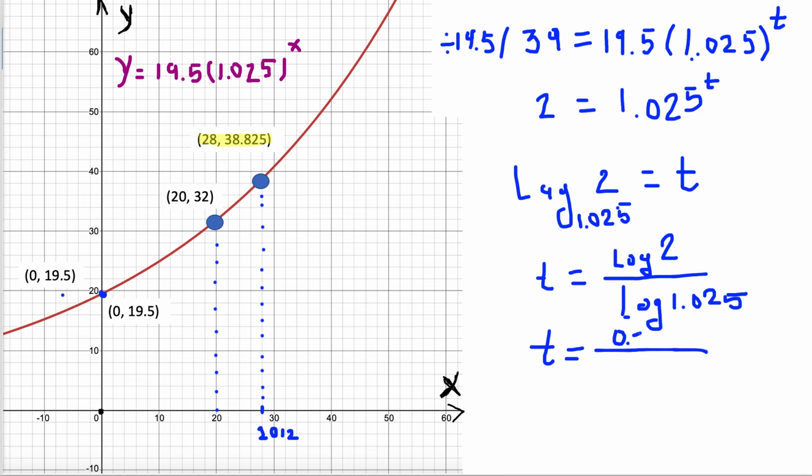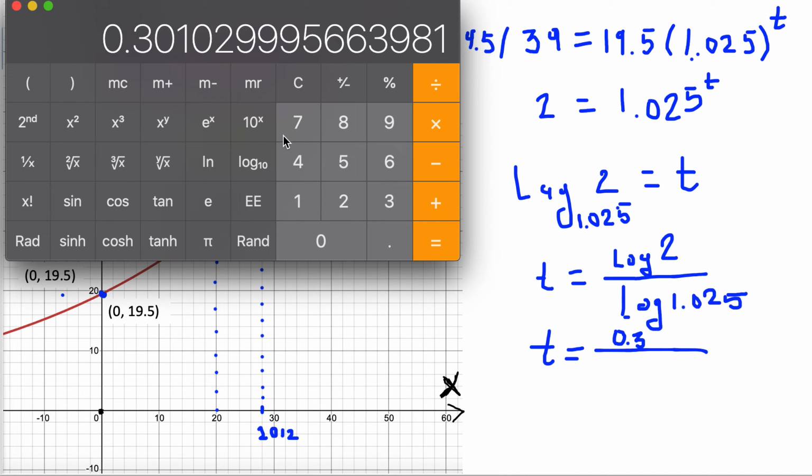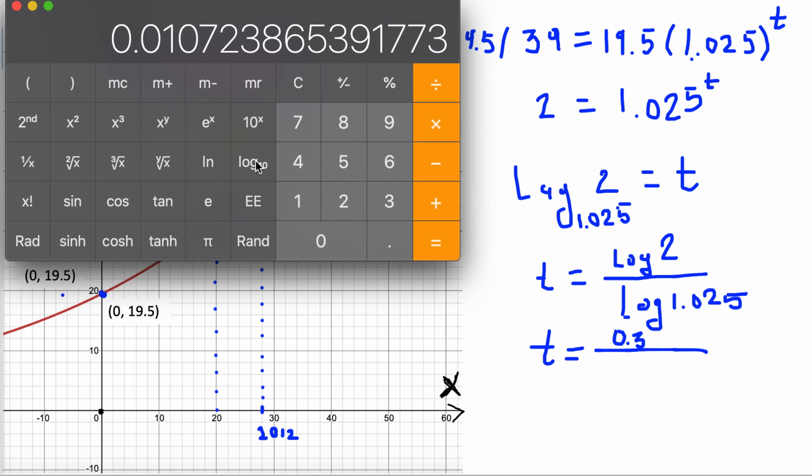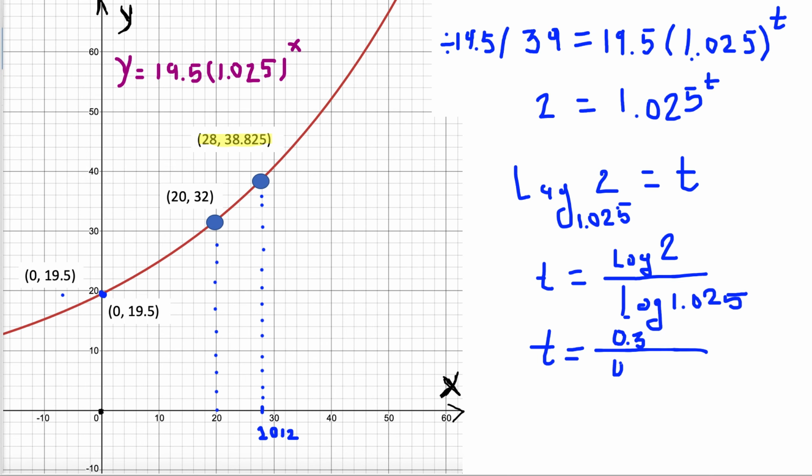Does this correspond with the values in the graph? And then we already got log 2. Now we are going for the log of 1.025, and I'm getting a common log of 0.0107.